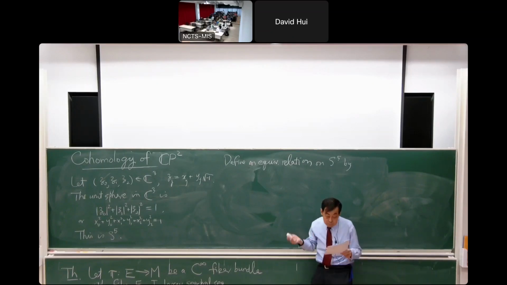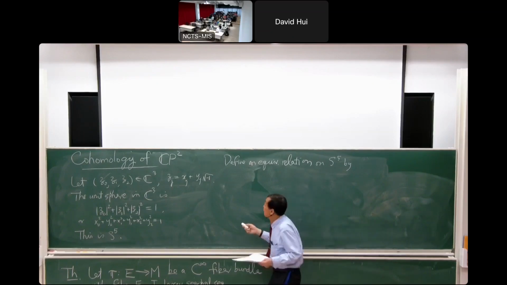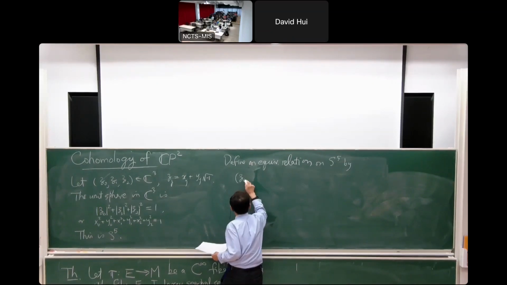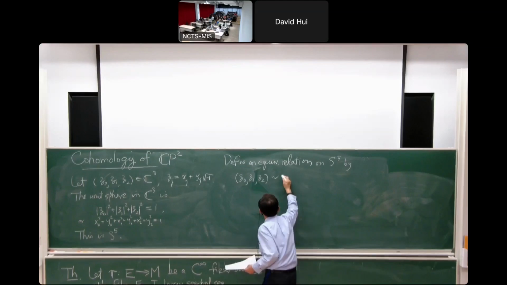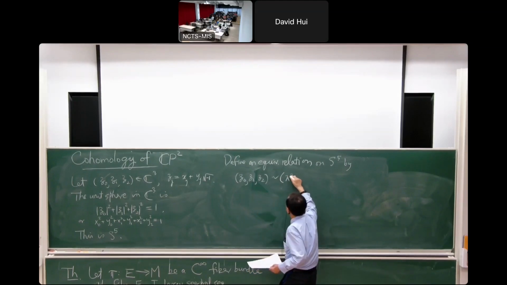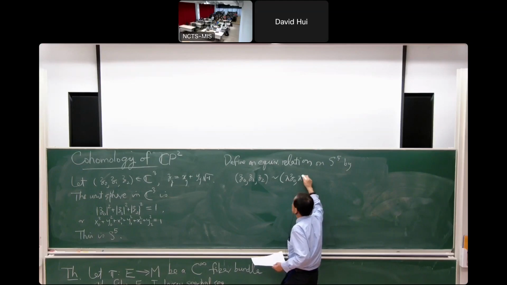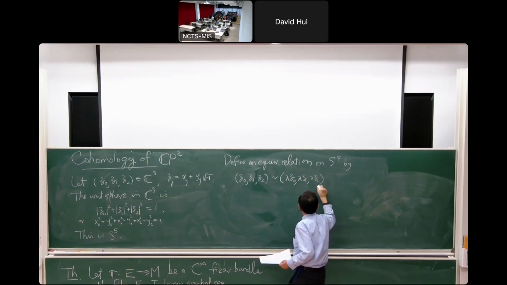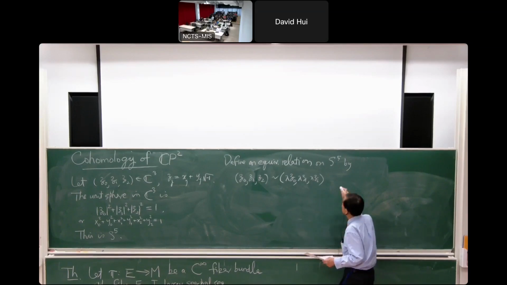Therefore, if you multiply by a complex number of norm 1, you'll get another vector of norm 1. So we say two vectors are equivalent if one is a multiple of the other by a complex number of norm 1.